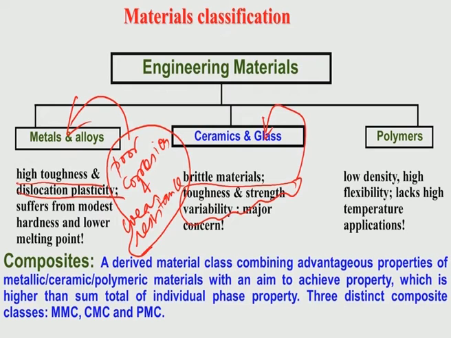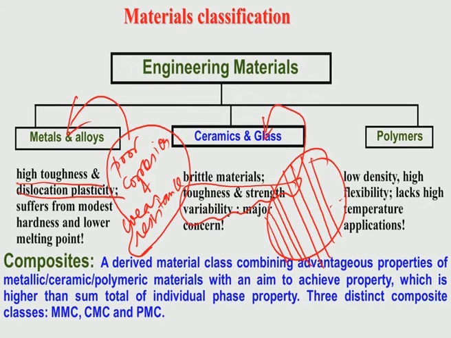Strength reliability means, if you take 20 samples of alumina biomaterial from the same large disc of alumina, for example, this is a large alumina disc and you have 20 samples cut from it.